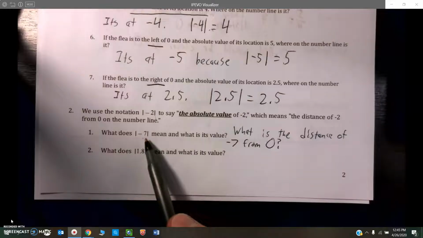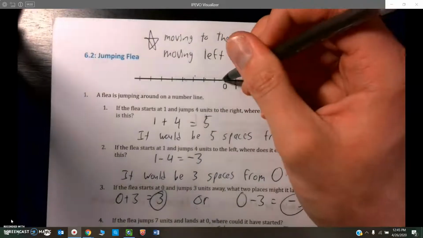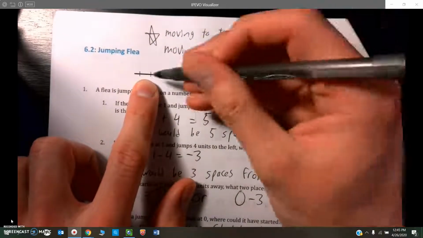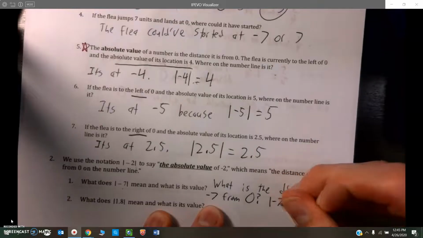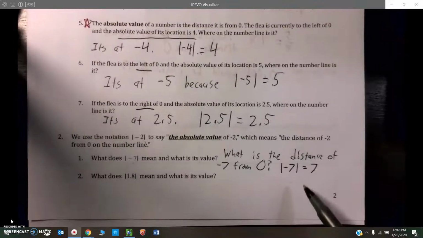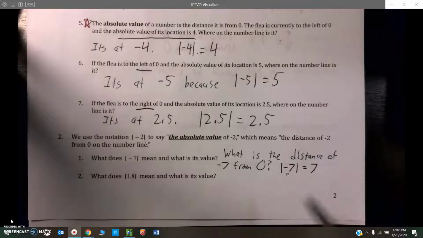And so, -7, how many units away from 0 is it? Well, 1, 2, 3, 4, 5, 6, 7. It is 7 units away from 0 to the left. So the absolute value of -7 is 7. That's what that's saying. So how far away is negative 7 from 0? 7.